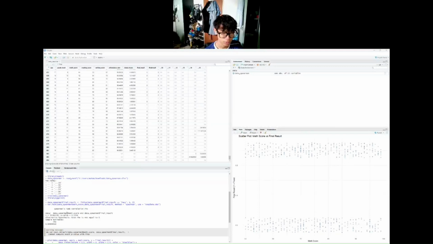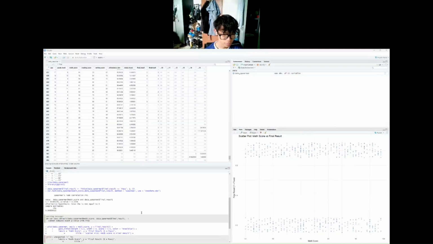So with the formula of the rank of math score and the rank of final result, the rho is the same as the formula rho equals 1 minus 6 sigma d squared over n bracket n squared minus 1. And that's how we get 0.04659522, which is about 0.046667, where di is the difference.